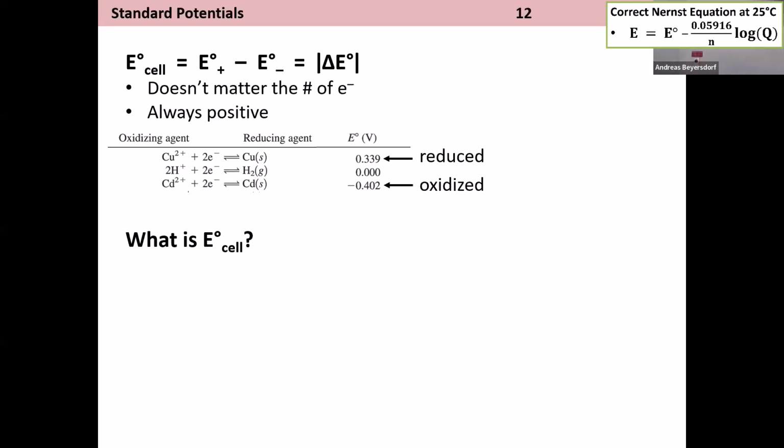All right, now let's just look at the overall reaction. If I have copper 2 plus going to copper and cadmium going to cadmium 2 plus, one of the key things is that when we talk about the entire reaction, it has to include the same amount of electrons. Okay, so copper 2 plus going to copper.